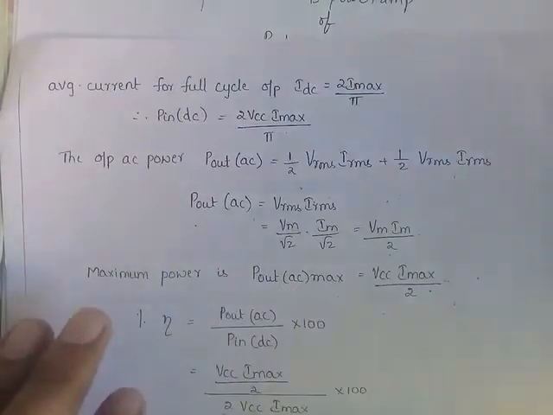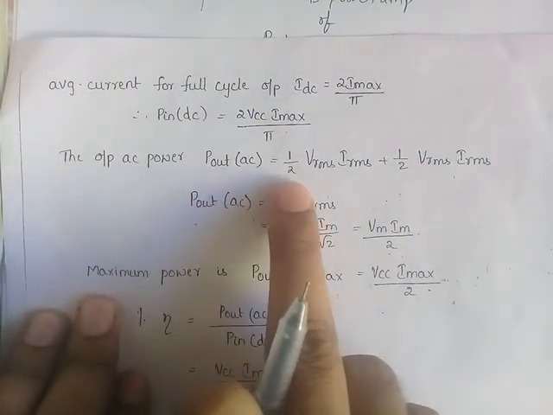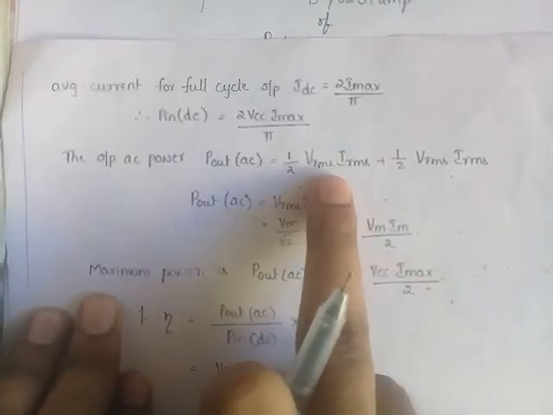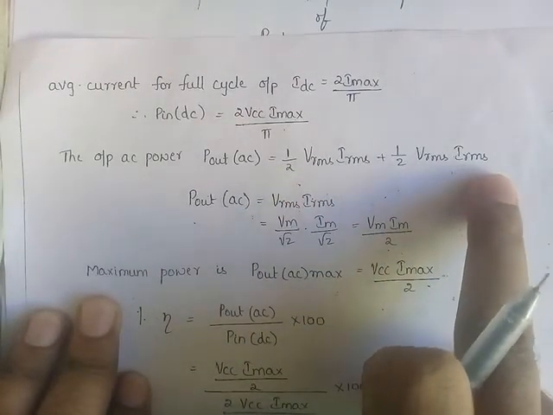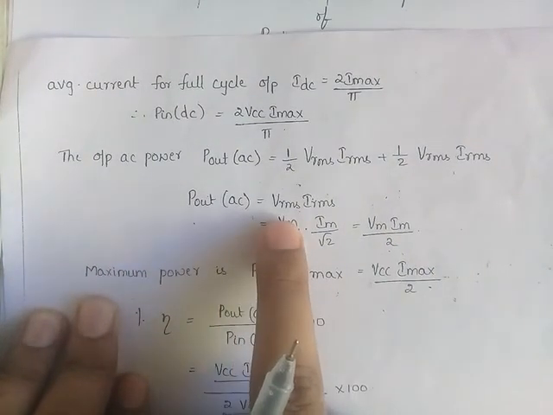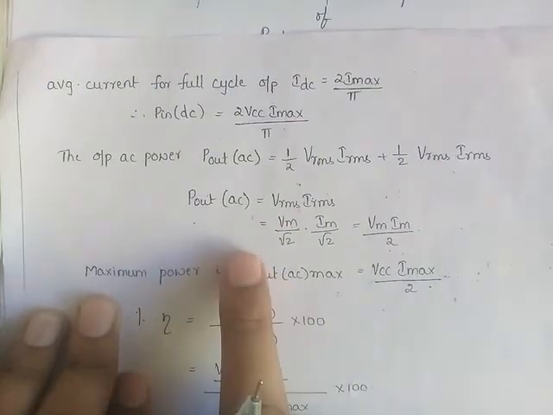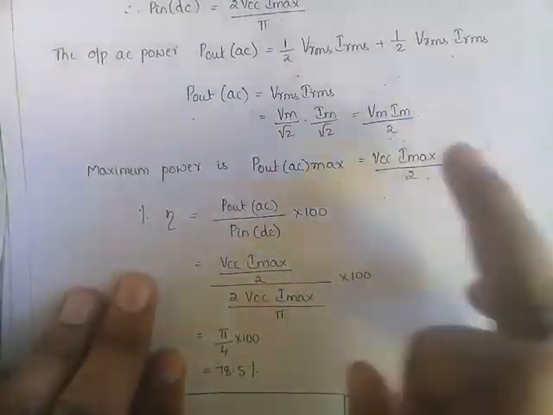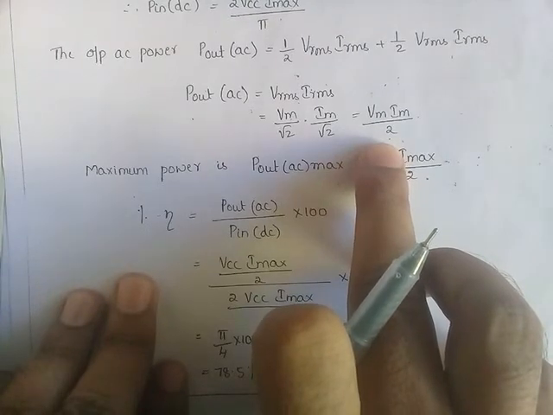Simply P out AC power is equal to 1/2 into Vrms into Irms plus 1/2 into Vrms into Irms. Means the total output for the AC analysis, Vrms into Irms. Simplifying again, we get Vm into Im by 2.